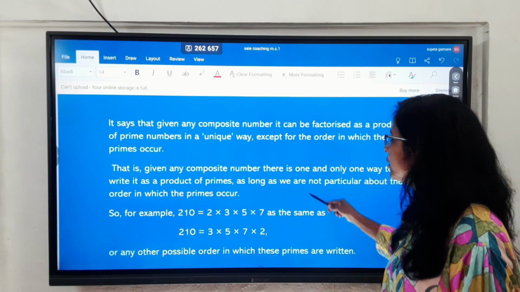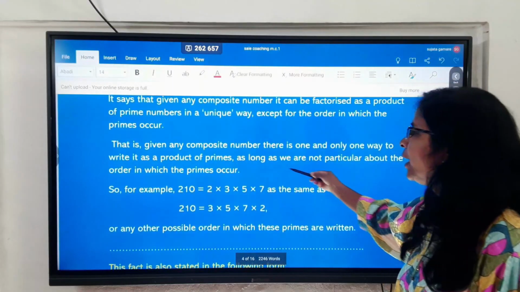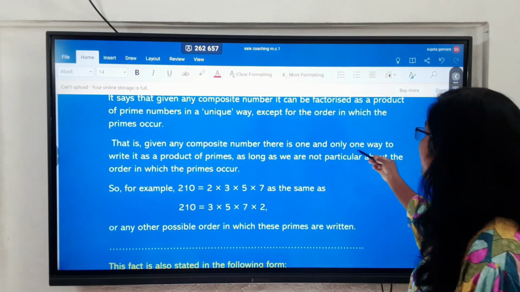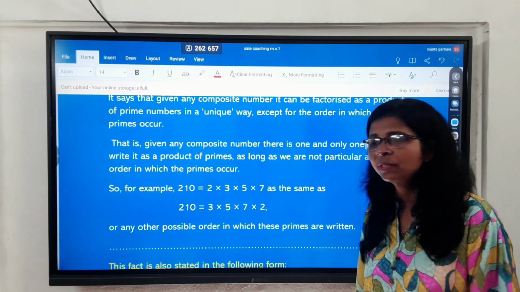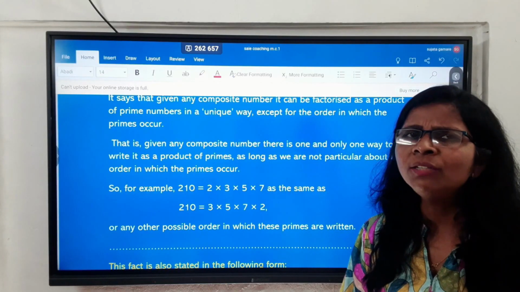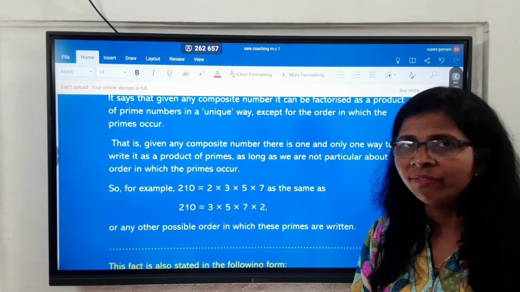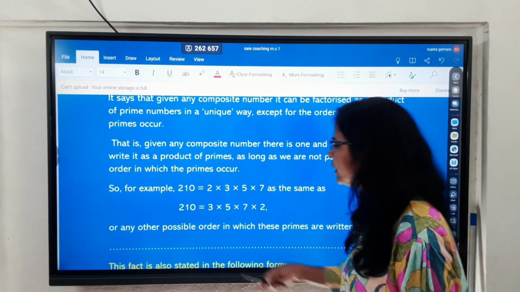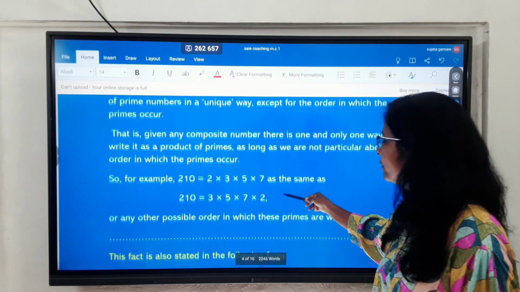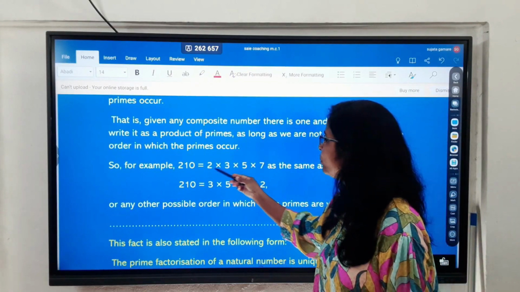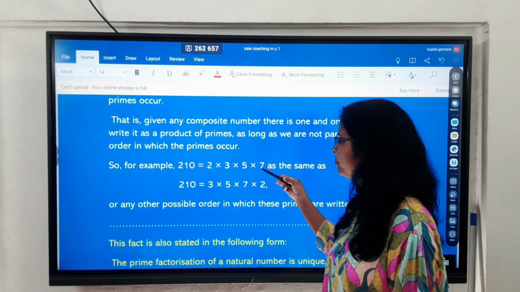So down here, given any positive number, there is one and only one way to write it as a product of primes. Yes, there should be one way, that is the ascending order. You can factorize this number. Suppose take the example 210. So we get the factors as 2 multiplied by 3 multiplied by 5 multiplied by 7.